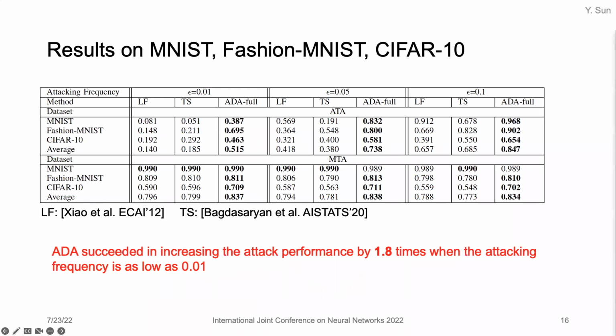Let's look at some results using the MNIST, Fashion MNIST, and the Federated datasets. These datasets pose different degrees of difficulty for perturbing the system. The table shows the performance comparison among the ADA with foreknowledge, the ADA, the label flipping attack, the LF, and the trend scale method, abbreviated TS, when using different attacking frequencies to mount the attack.